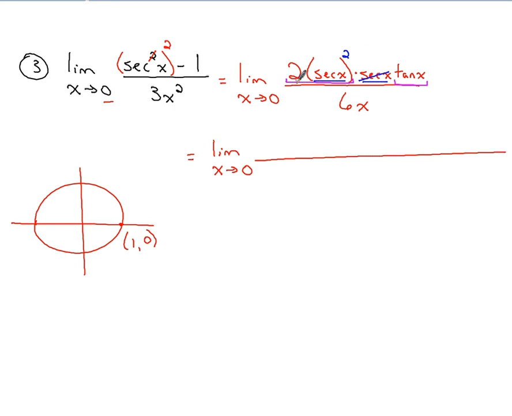Using your chain rule, you bring the 2 down, multiply the 2 in front, you got 4. You got the secant of x raised to, subtract 1 from the power, so power is 1. You got to take the derivative of the inside, so that's secant of x tangent of x. And all I've done so far is take the derivative of this piece.